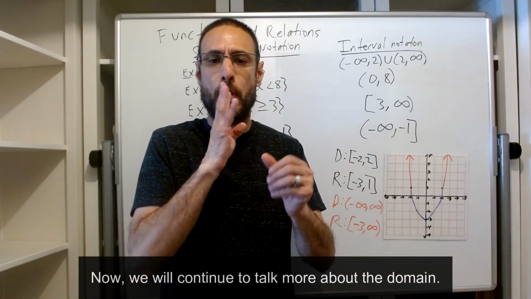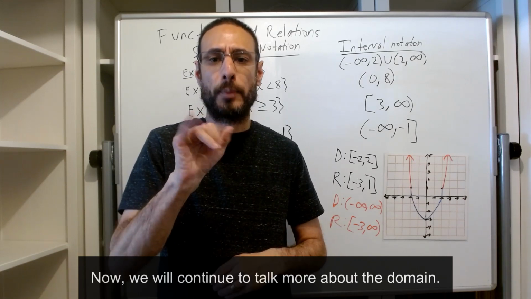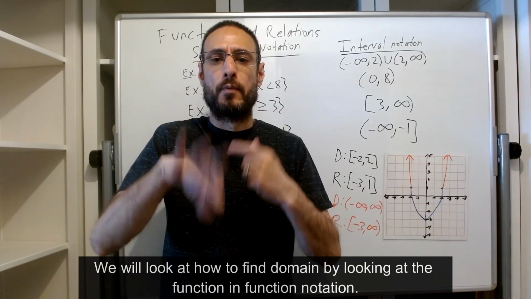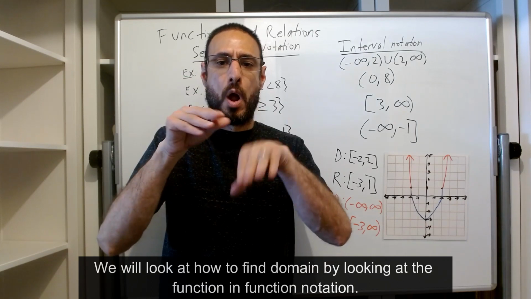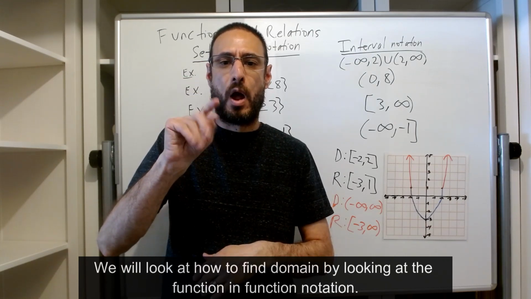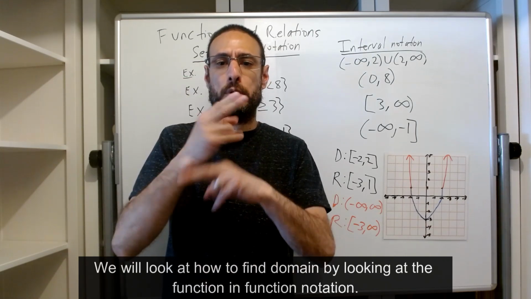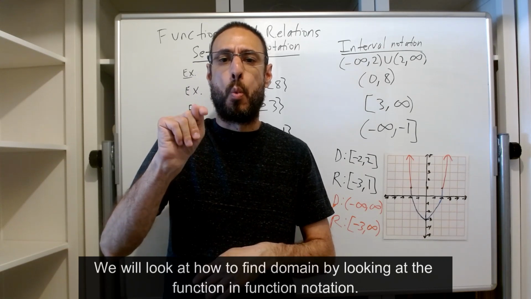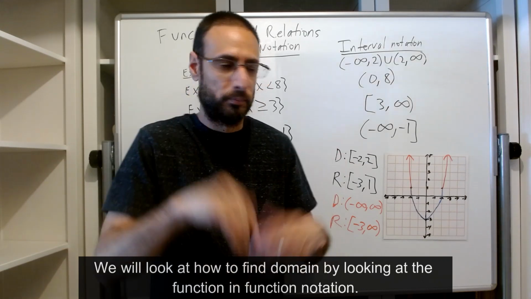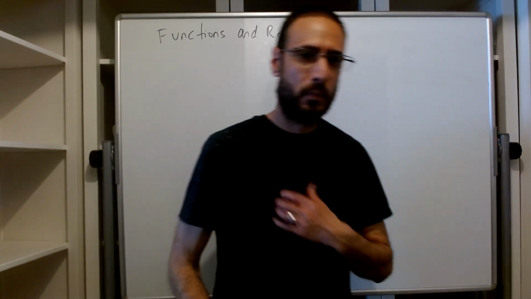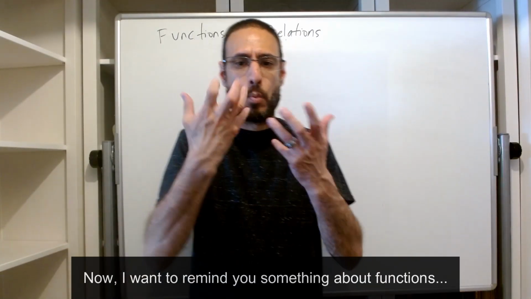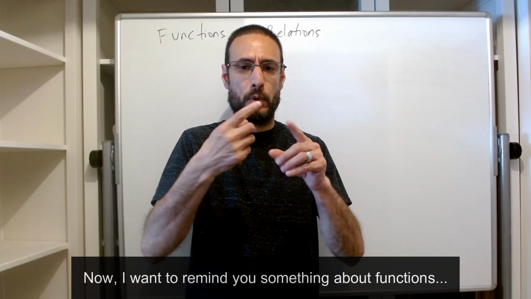Now, we will continue to talk more about the domain. We will look at how to find domain by looking at the function in function notation. Now, I want to remind you something about functions.